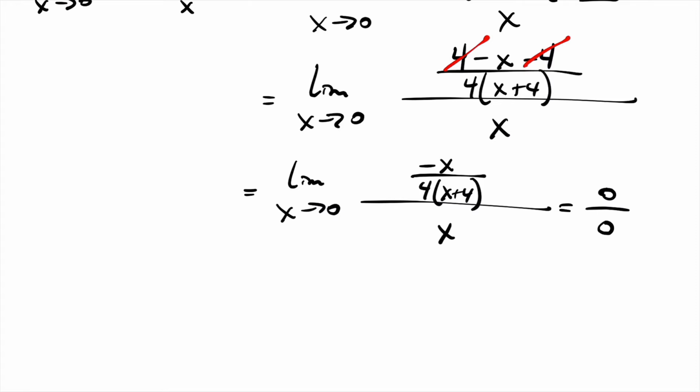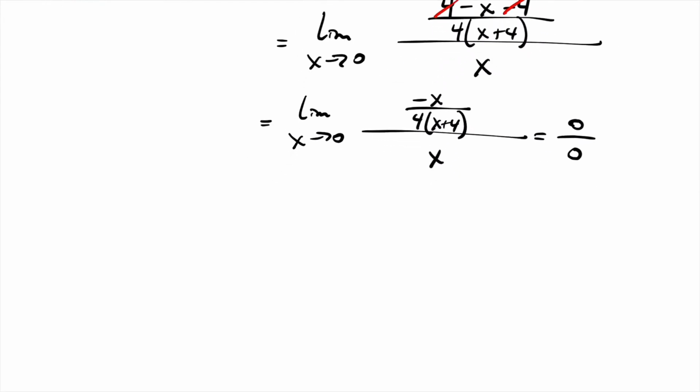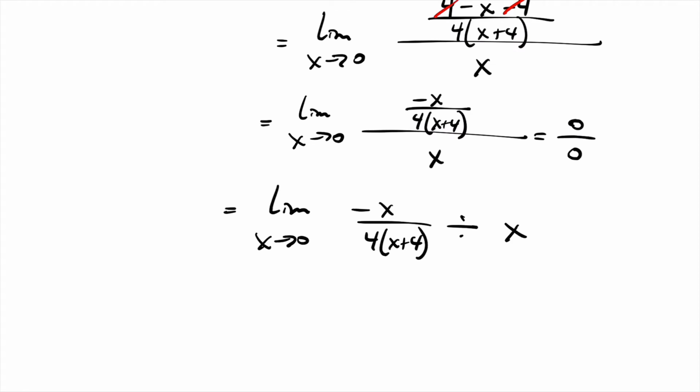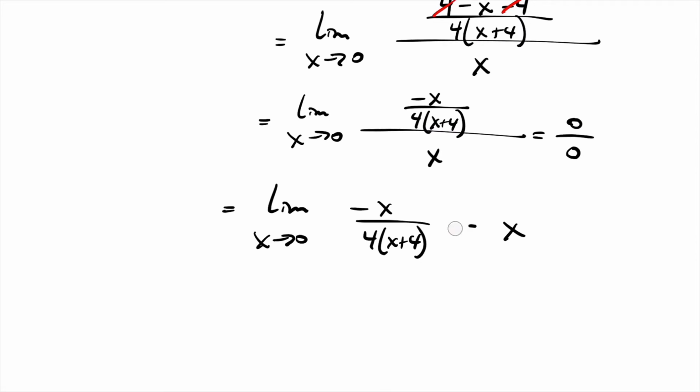Okay, so once I did that, now I have a fraction divided by a fraction on top and then division right there, right? So I'm going to rewrite it. That's what it says, right? I just wrote it differently. What's the rule for dividing by fractions? Multiply by the reciprocal of the second one, right?